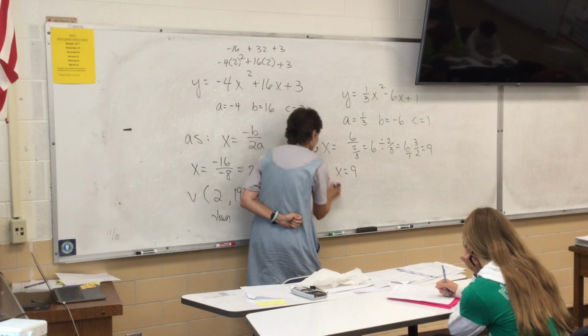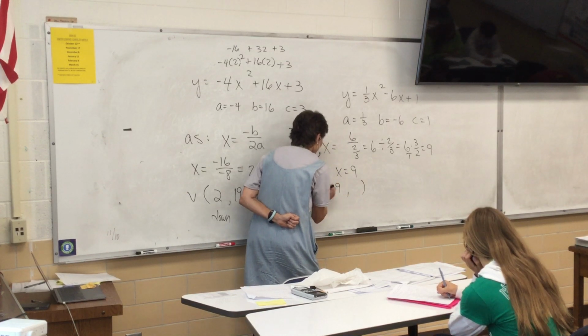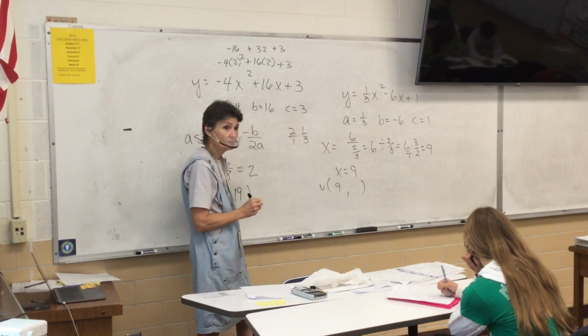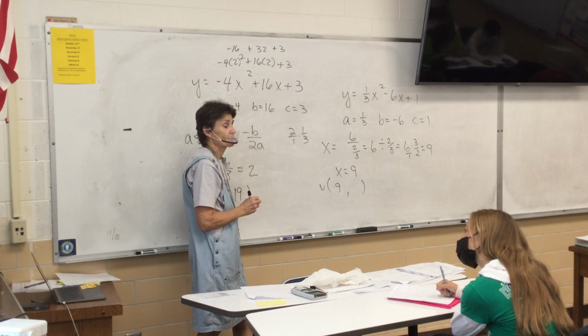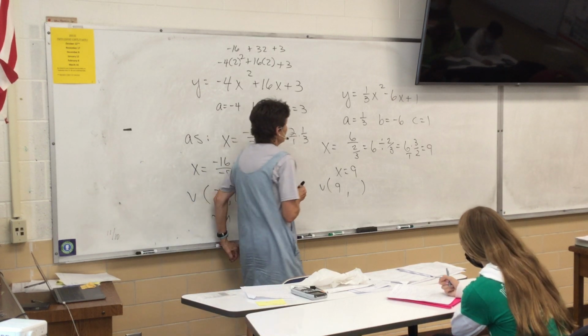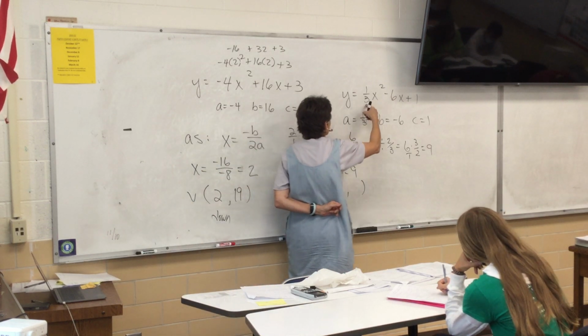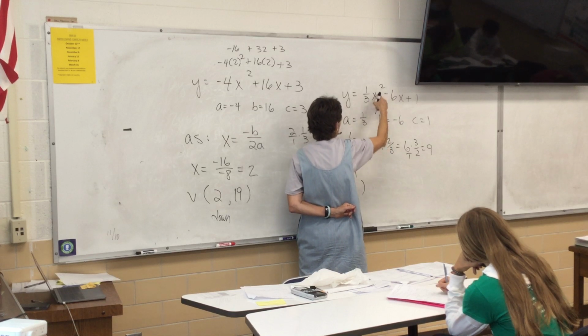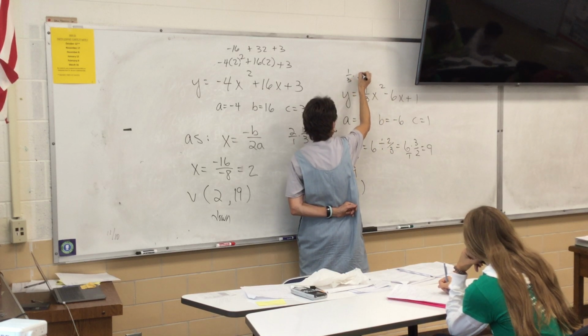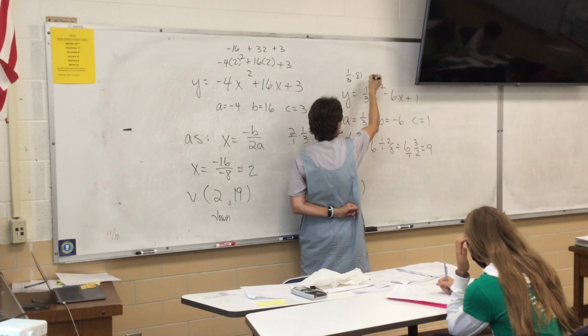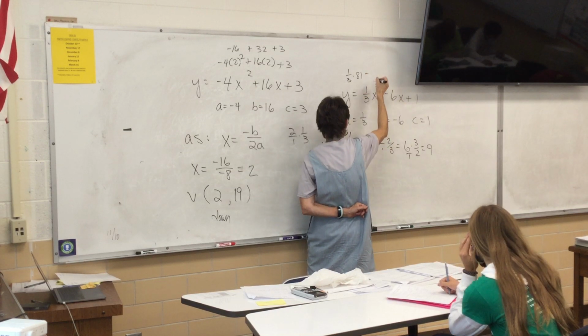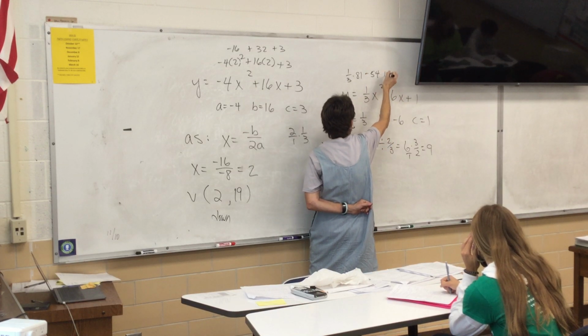Which means my vertex is 9 comma something. So 9 squared is 81, so this is a third times 81, minus 6 times 9, which is 54, plus 1.